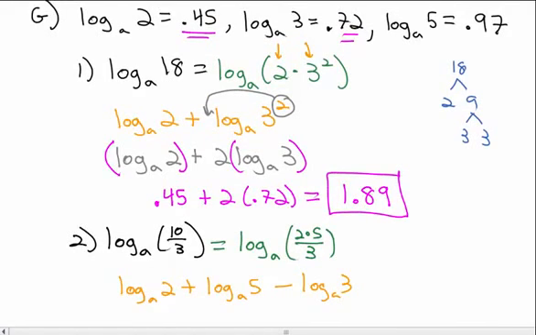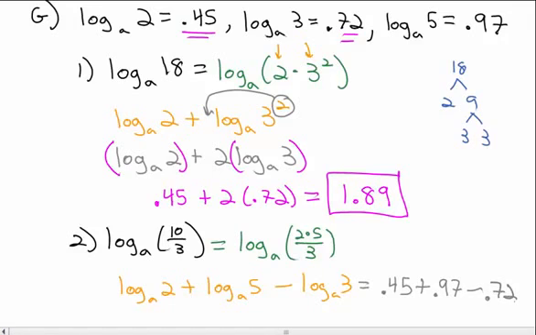And I'm running out of space on my board. But we see that log base a of 2 is equal to 0.45 plus log base a of 5 is 0.97 minus log base a of 3 is 0.72.